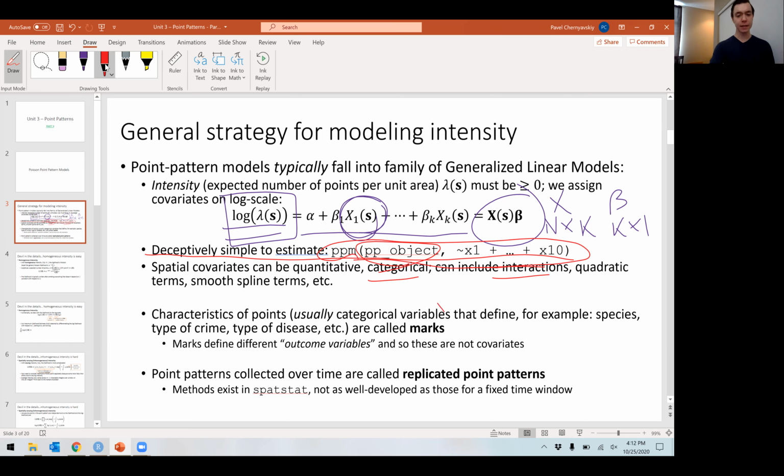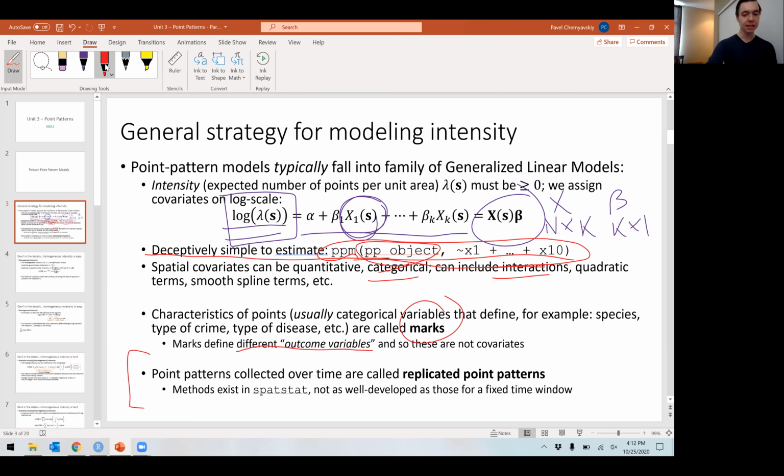Quick reminder, if we record different types of points, if you are recording different kinds of species, the presence of this species versus that species, those are not covariates. Those are actually different outcome variables. They are called marks, but they're characteristics of the points themselves, not of the environment around which the points occur.